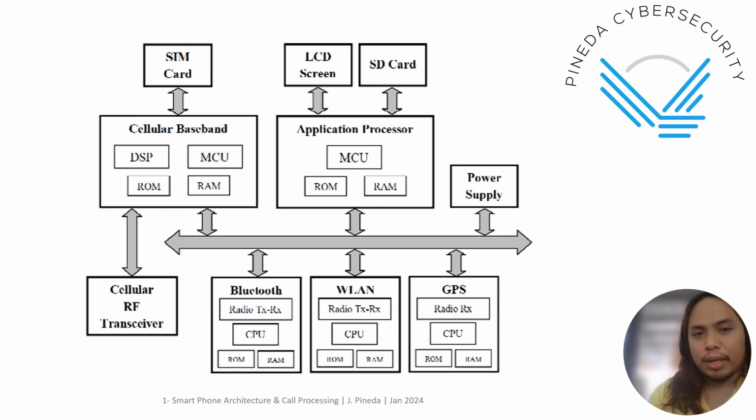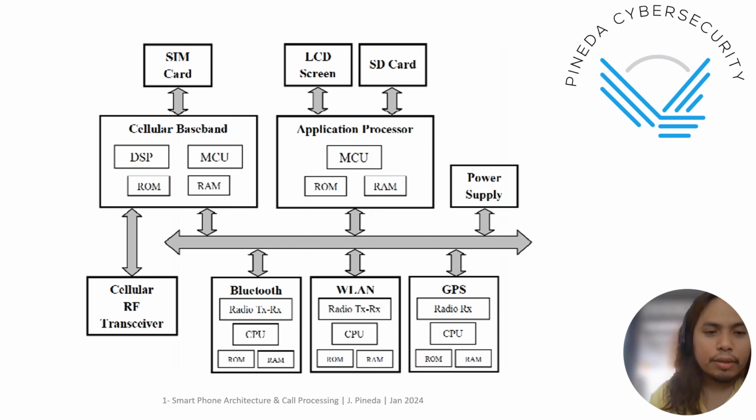So with peripherals such as your LCD screen to see the apps that you're using, and at the same time your SD card, so you can have an external memory to save your applications or other files.